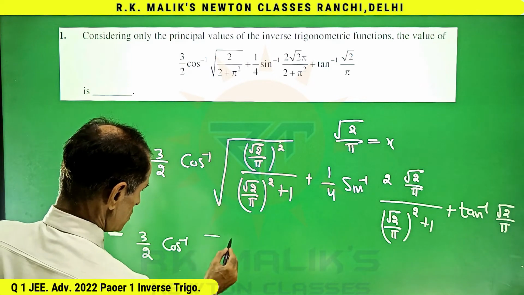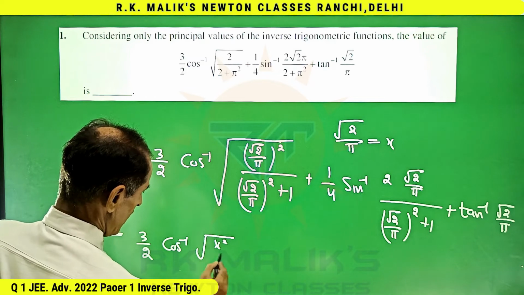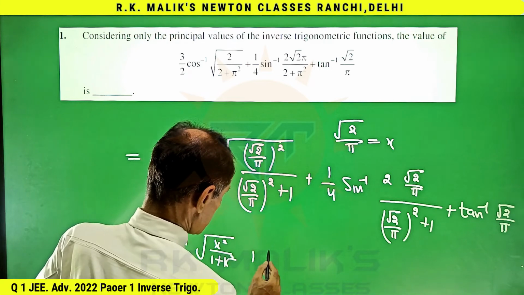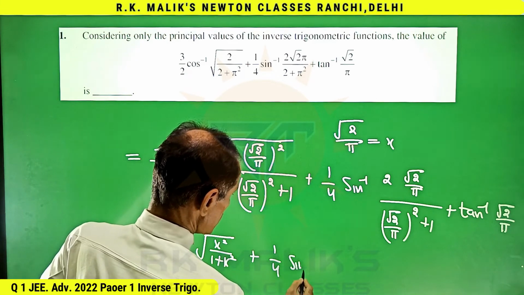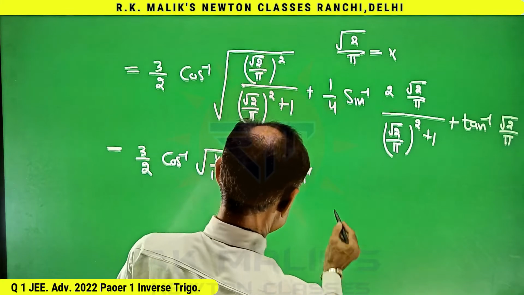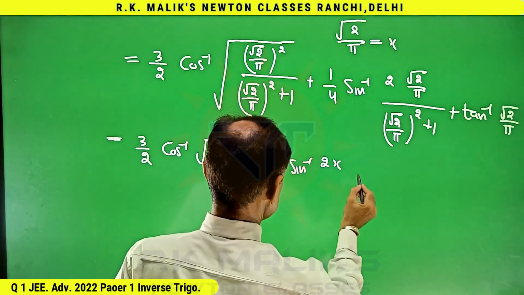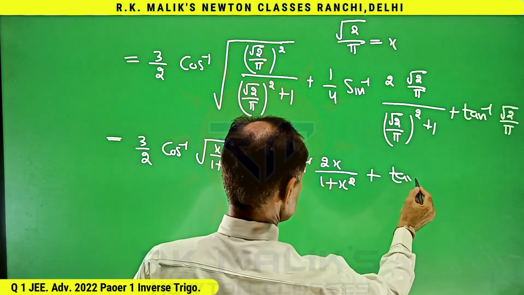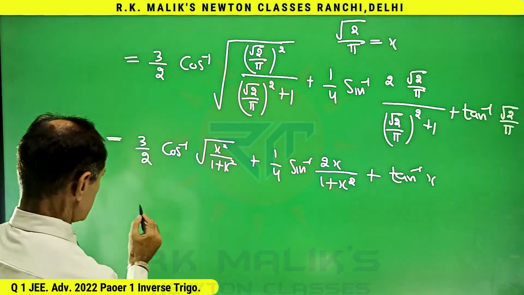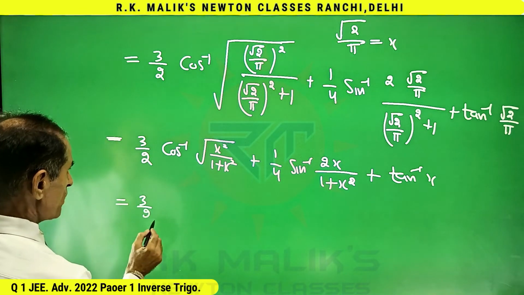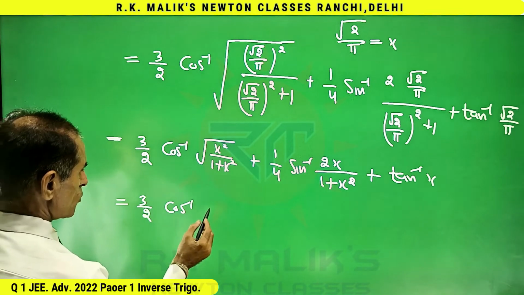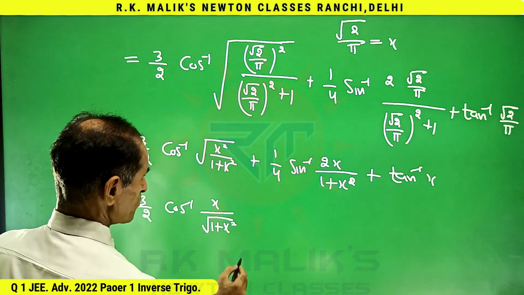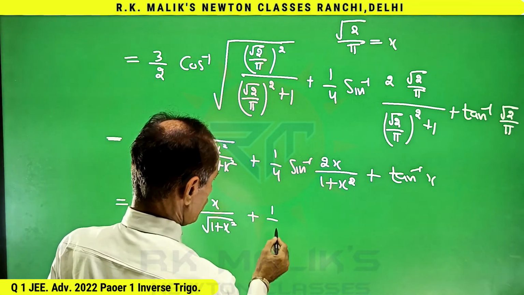3 by 2 cos inverse under root x square upon 1 plus x square, plus 1 by 4 sine inverse 2x upon 1 plus x square, plus tan inverse x. That is 3 by 2 cos inverse x upon under root 1 plus x square, plus 1 by 4 times 2 tan inverse x.